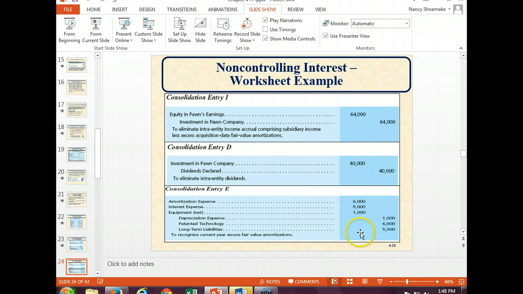Then we need to take into account our amortization.